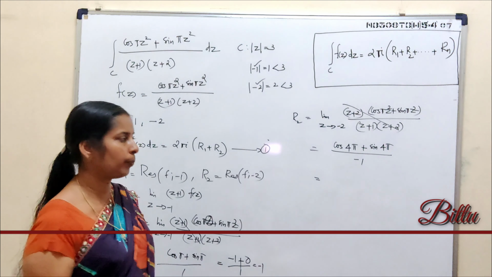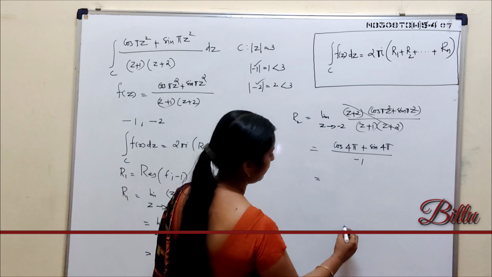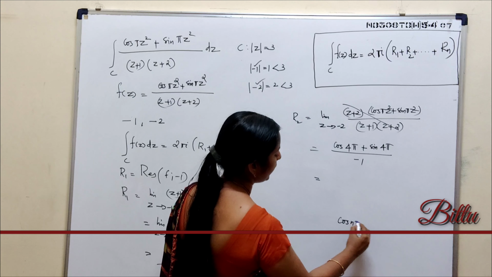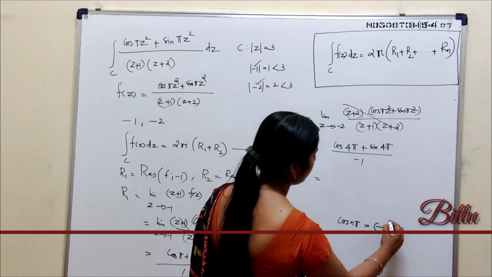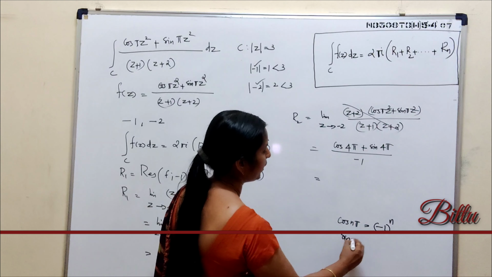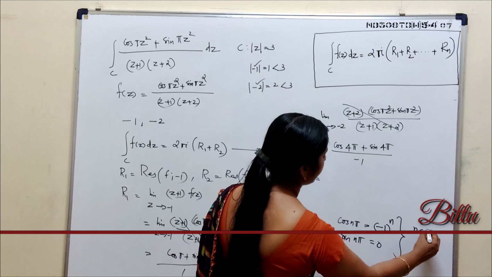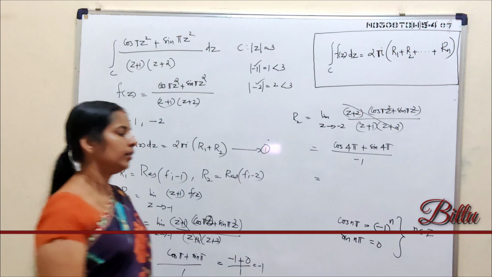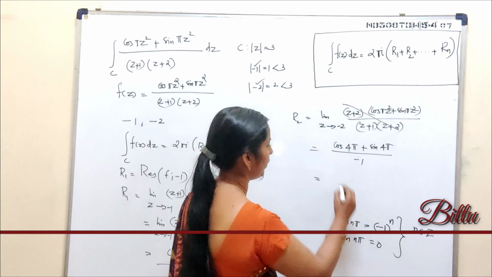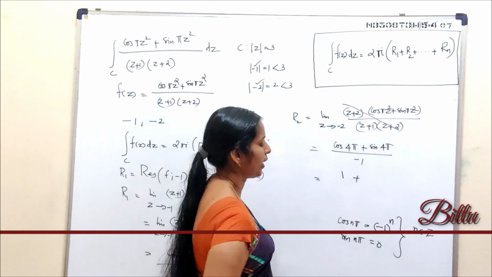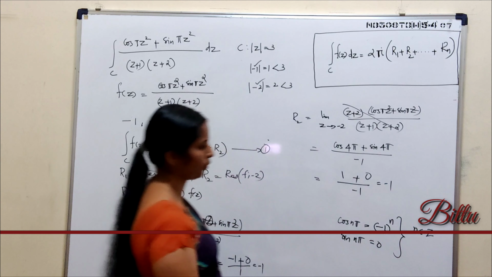Next, cos 4 pi. See, we have cos n pi is minus 1 raised to n. Sin n pi is 0 for any integer n. So what is cos 4 pi? It is minus 1 raised to 4. It is plus 1. Plus sin 4 pi, it is 0. Answer is minus 1.